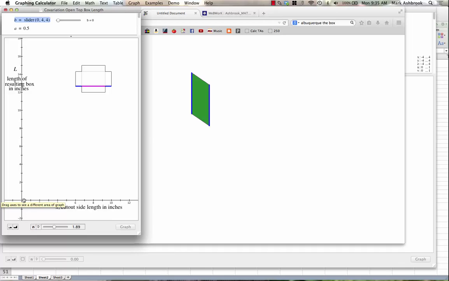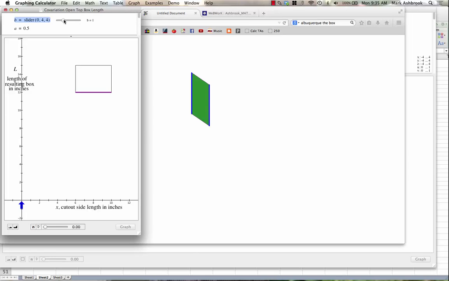So I'm going to put my cutout side length on the horizontal axis, and the length of the resulting box in inches on the vertical axis. Here we are at x equals 0. So the blue arrow, and you're going to see on the cutouts, that length is blue in the cutouts.